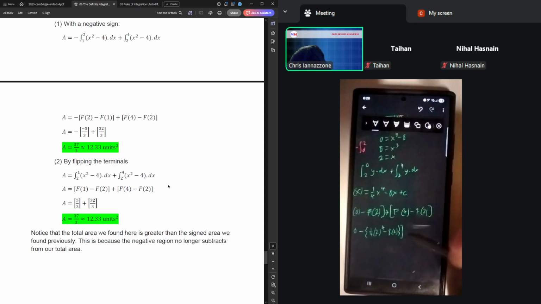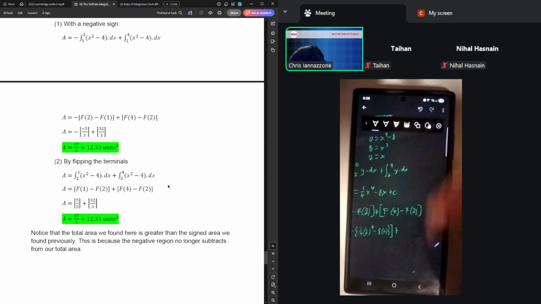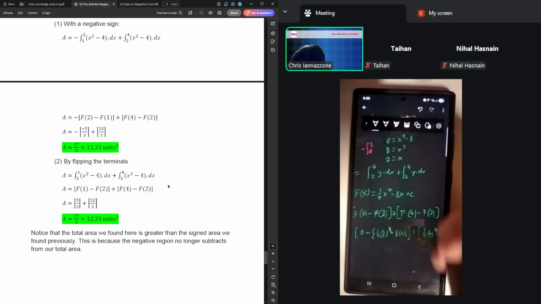Yep. Capital F of 4 is the new one. So that's going to be, let's fix that up again. 1 over 4, 4 to the power of 4, minus 8 times 4, minus capital F of 2. So what you'll notice is when you do this split, you do have duplicate values.